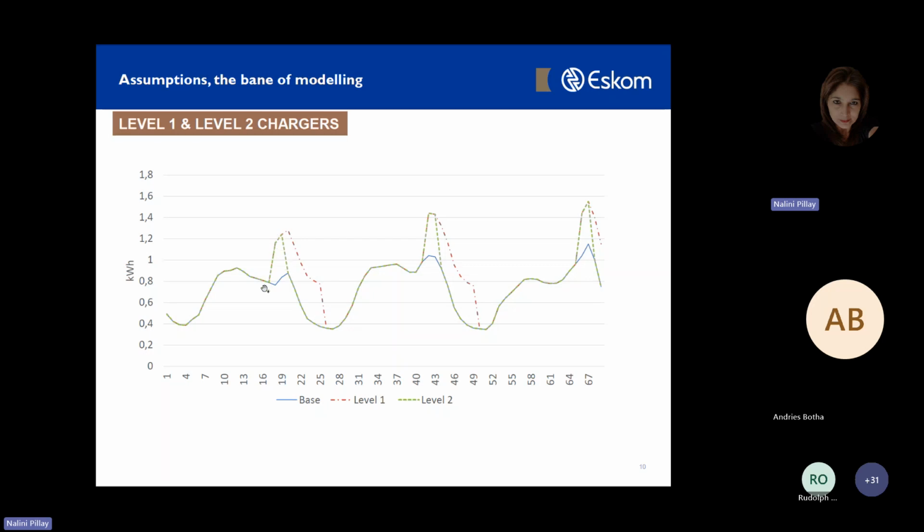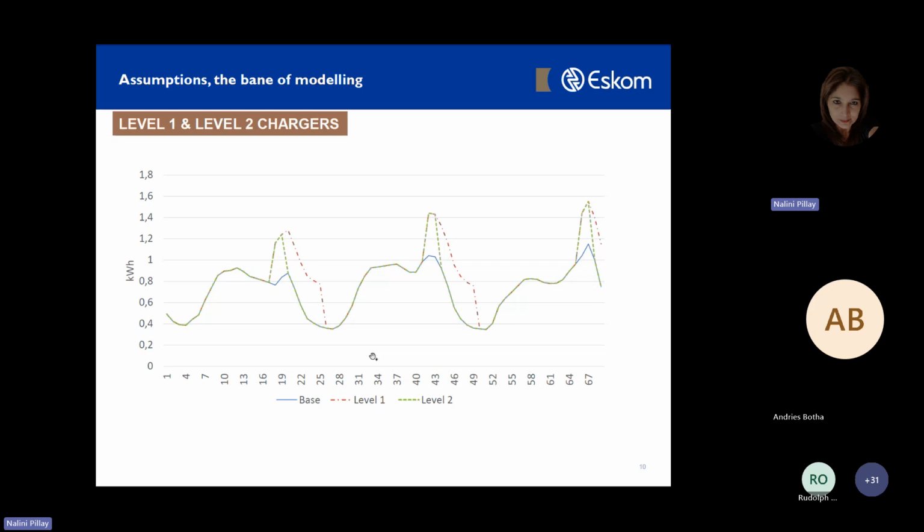Here I used about a 22 kilowatt charger to then calculate the hourly charging, which then got multiplied by the tariff to try and work out what the costs would be for this household. But you can see the pattern compared to if you use a level 1 charger, which takes a lot longer. And obviously, when you bring in tariffs, depending on how long it's taking to charge, you might run into peak charging periods.